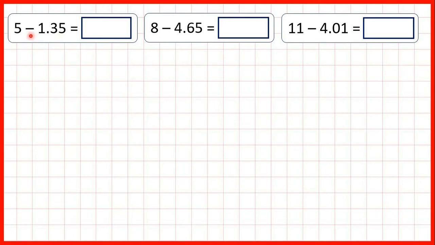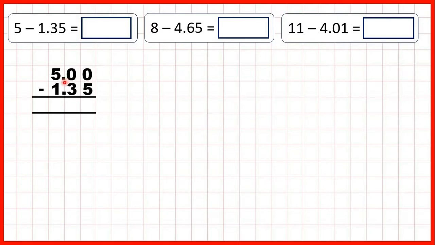So, when we're setting this out using column subtraction, we can write the 5, but then we need the 1 underneath the 5, so that our ones place value column is lined up. Now 5 is the same as 5.00.